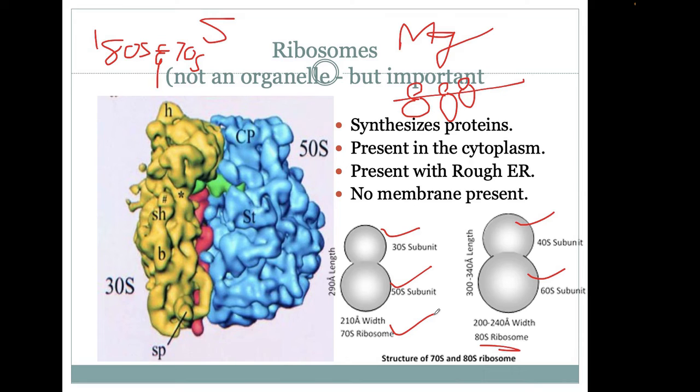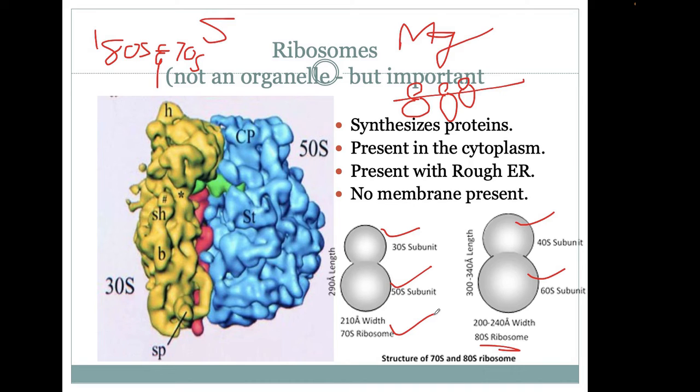The classification of the ribosomes as 80S and 70S is based on the rate of sedimentation coefficient.